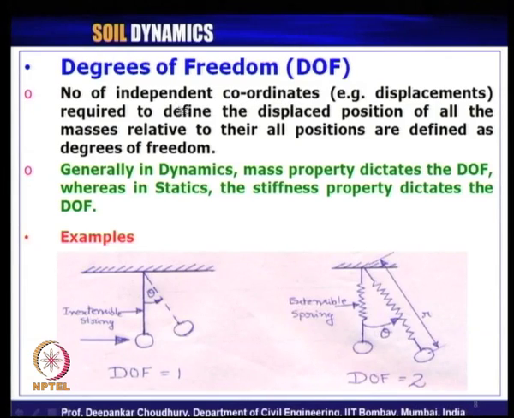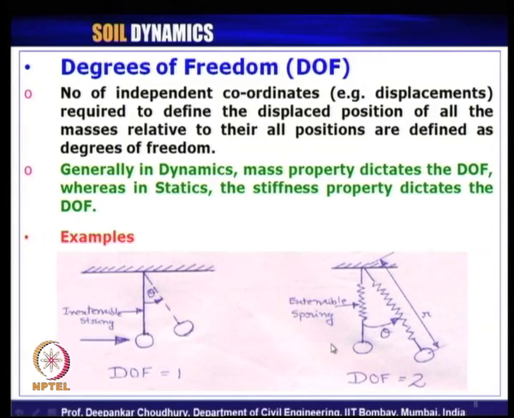This theta is the independent coordinate required to define its displaced position at any point of time. So, for this system the degrees of freedom is 1, and this is the minimum number of independent coordinates required to define its position at any point of time.